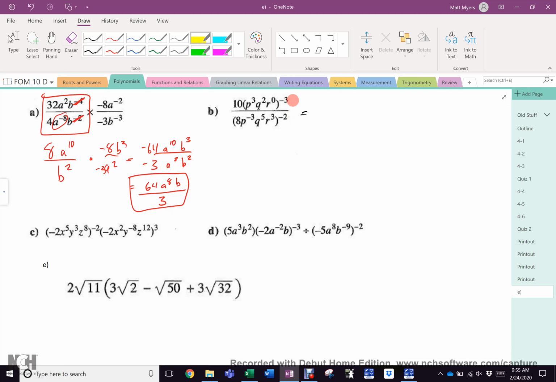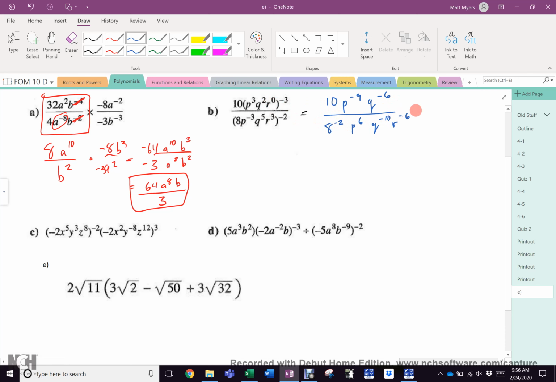So I would go here with 10, p to the negative 9, q to the negative 6, and r, of course, disappears because r to the 0 is 1, over 8 to the negative 2, p to the positive 6, q to the negative 10, and r to the negative 6.